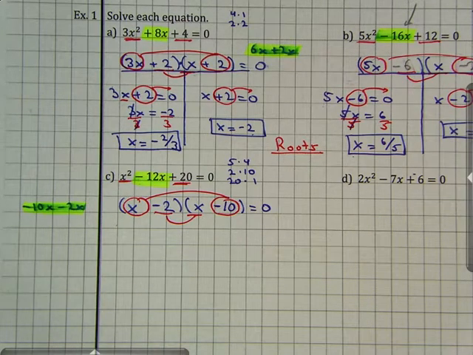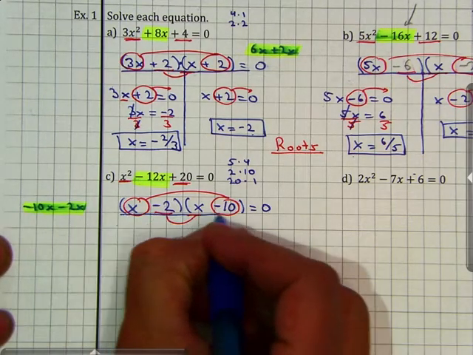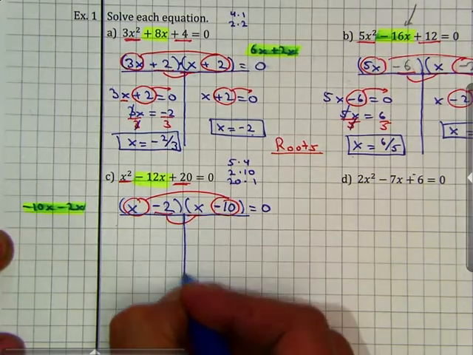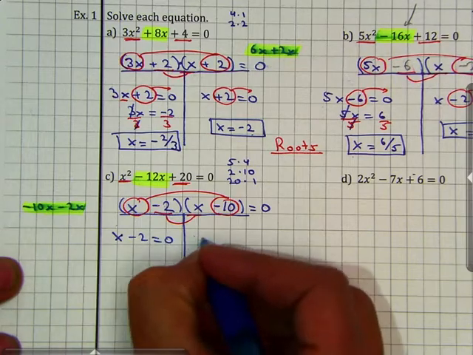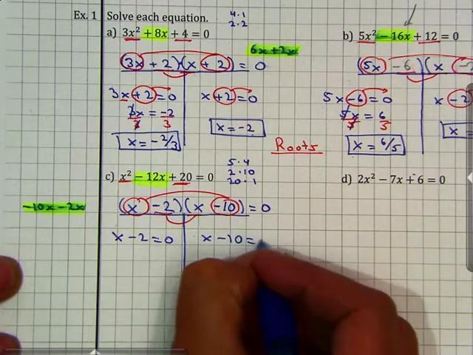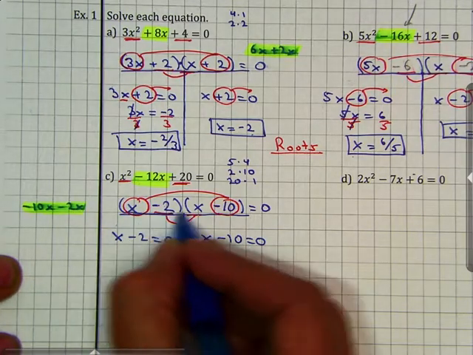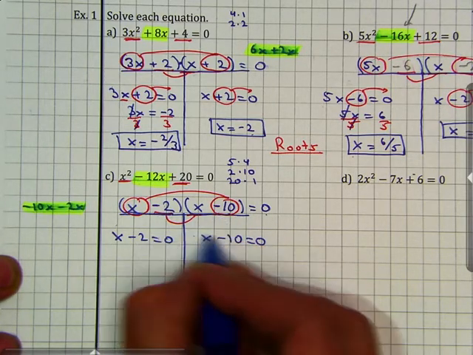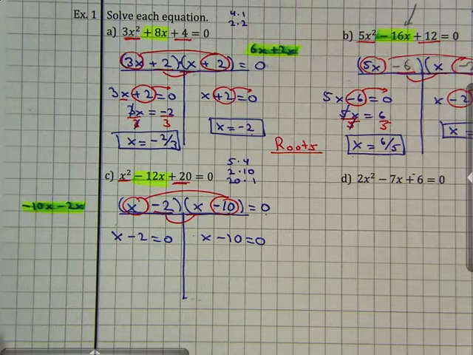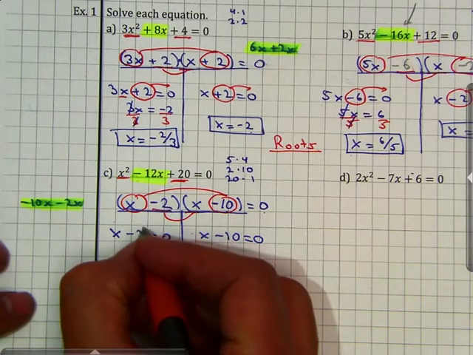Now I'm going to use my zero product property, my t-chart. I'm going to place my x minus 2 equal to 0 and my x minus 10 equal to 0. Since they're multiplying and they're equal to 0, I know that either one or the other or both should be 0. I'll move my 2 to the right.